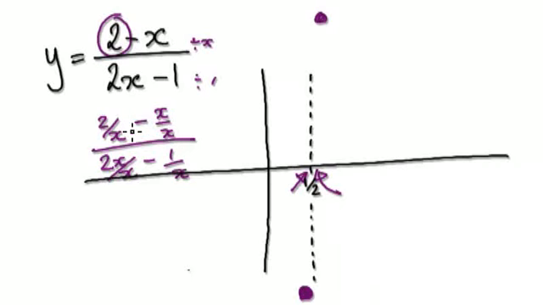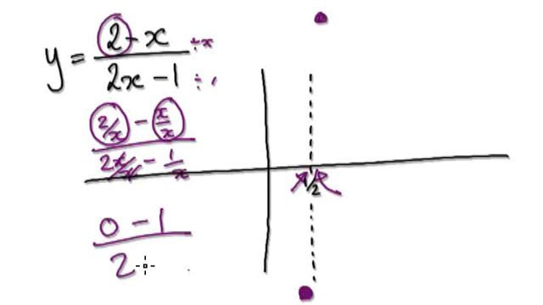Now as x gets very, very big, this thing here will be 0. As x gets very, very big, this thing here will be x over x, and the two x's will cancel out, leaving you with 2.